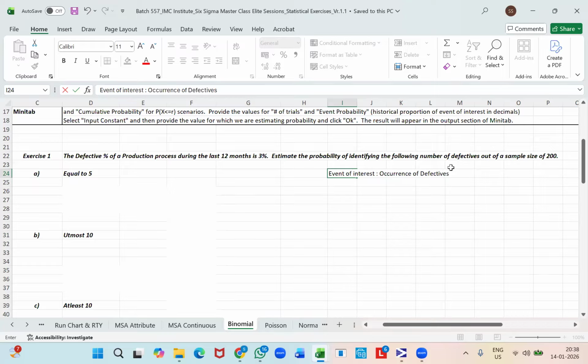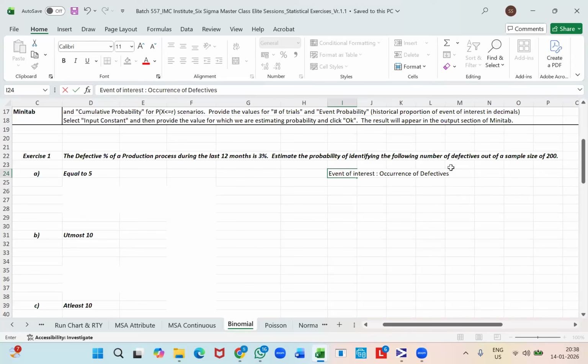Now this occurrence of defectives, what type of data will it be? When we inspect a sample unit, as I told you, the sample unit can turn out to be either defective or non-defective.